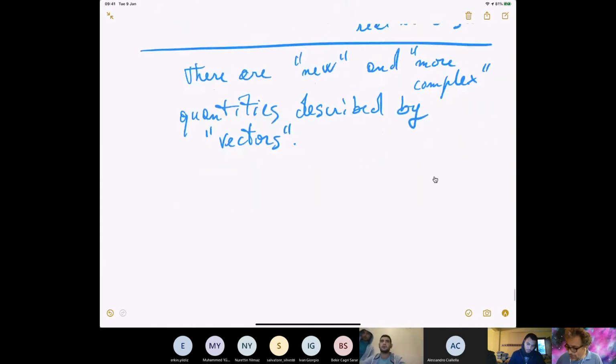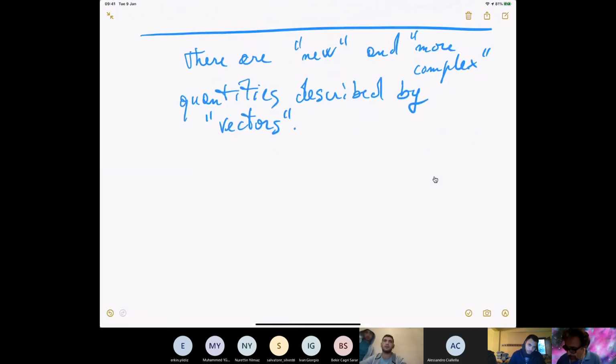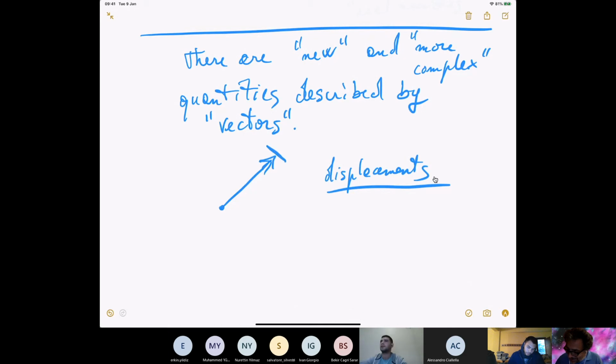I'm sure that they told you that there are some quantities, for instance, displacements, for which the intensity, or if you like, the length, is not enough.